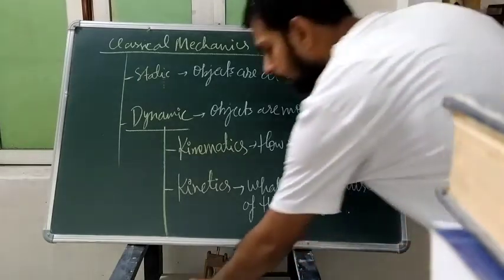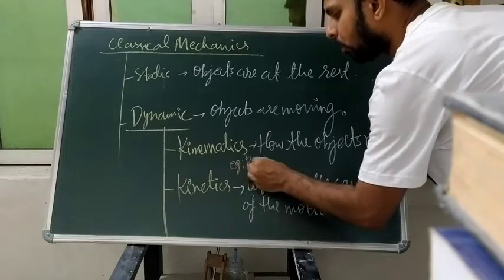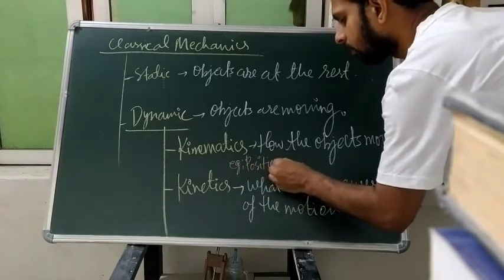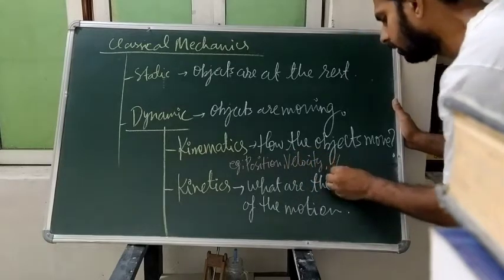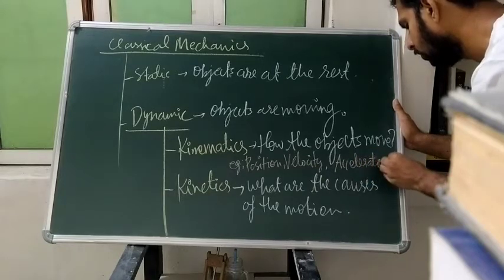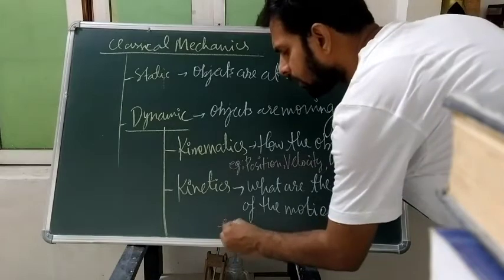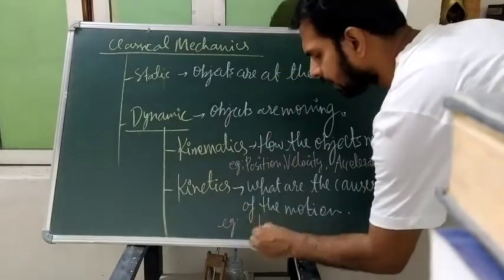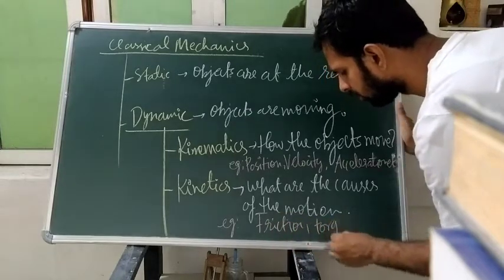For example, in kinematics we have position, velocity, acceleration, etc. Examples of kinetics can be friction, torque.